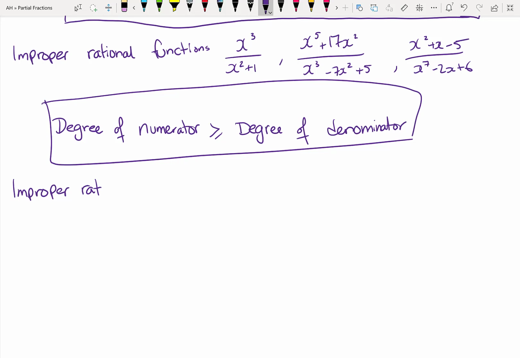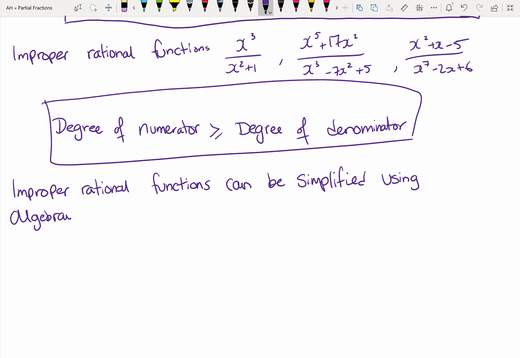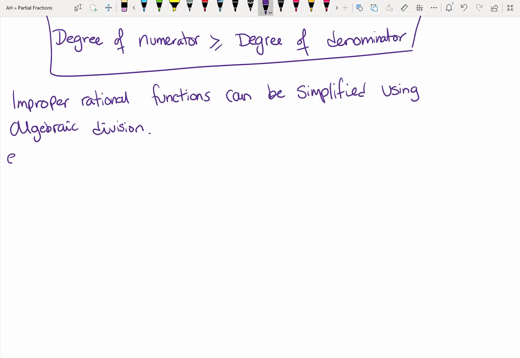So improper rational functions can be simplified using algebraic division.